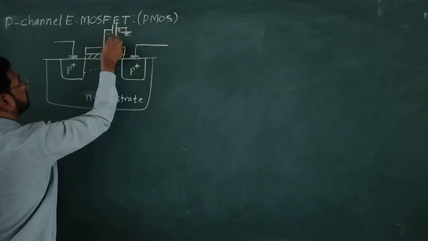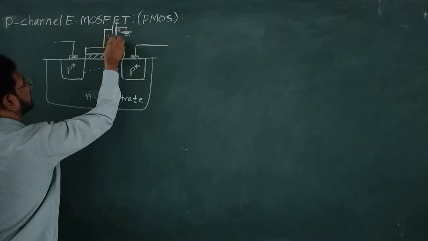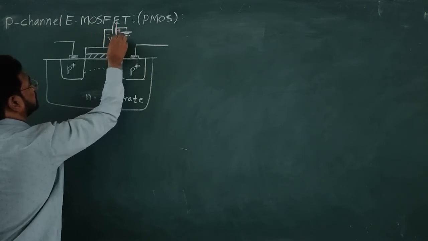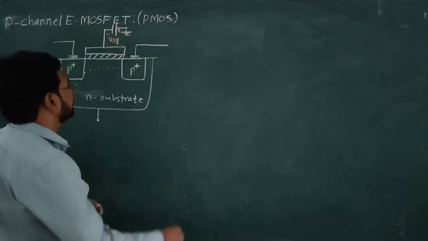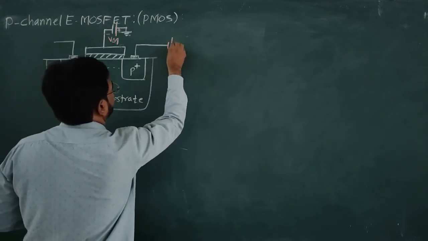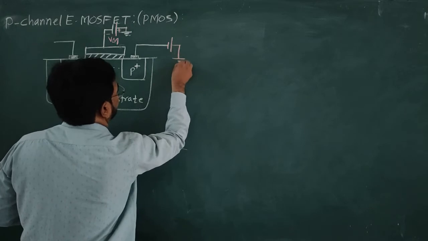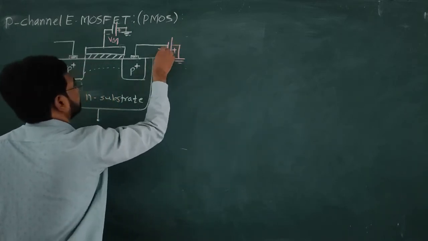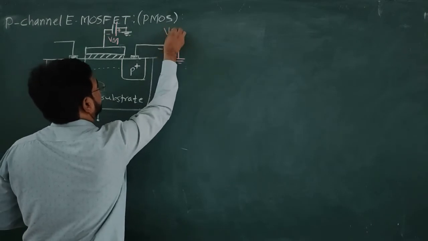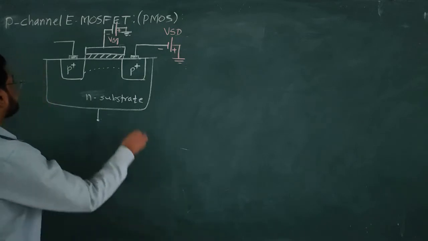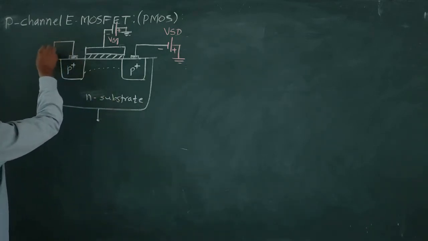So, it is VSG, sorry, VSG, not VGS here, and to the drain we are applying again negative. So, it is minus and plus, and the label of this is VSD. We are not using VDS here, and the source is at ground.